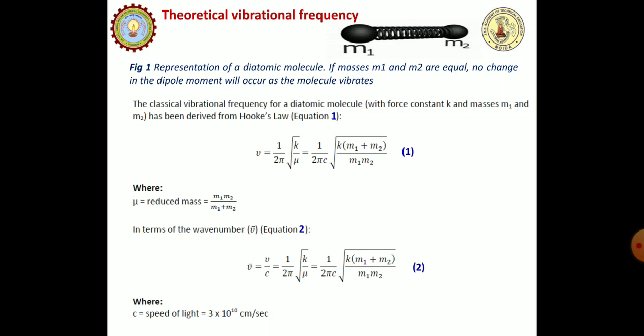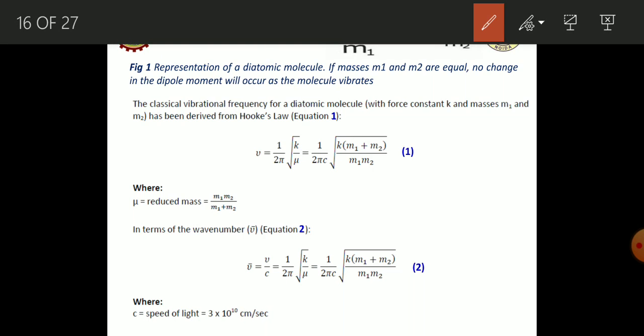Let us discuss. First, consider a diatomic molecule containing molecular masses M1 and M2, as represented in figure 1.